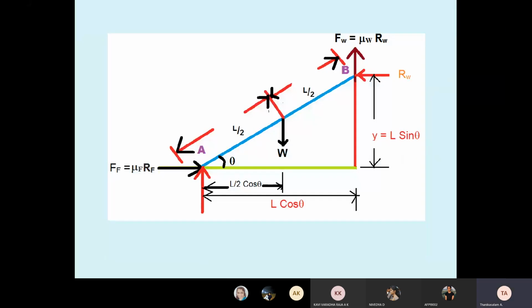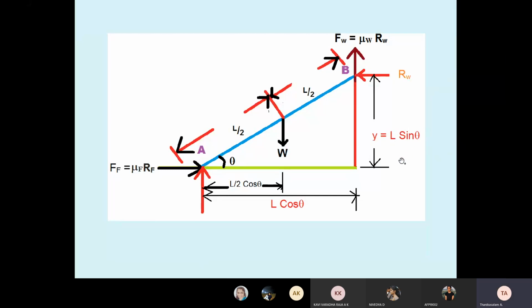Now see here. To solve the problem, we should know all the distances. You have to write all the distances. Suppose AB is the ladder, of length L. You know the angle with the horizontal, theta. Therefore, what is the opposite side?